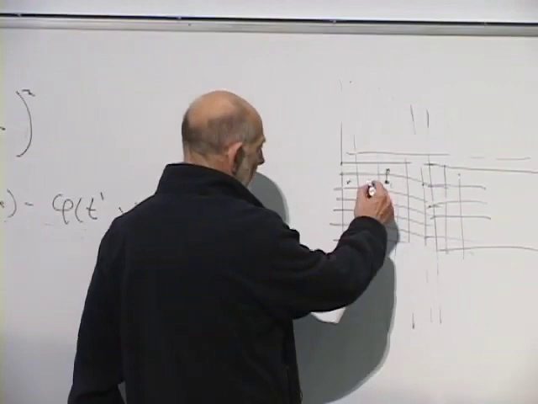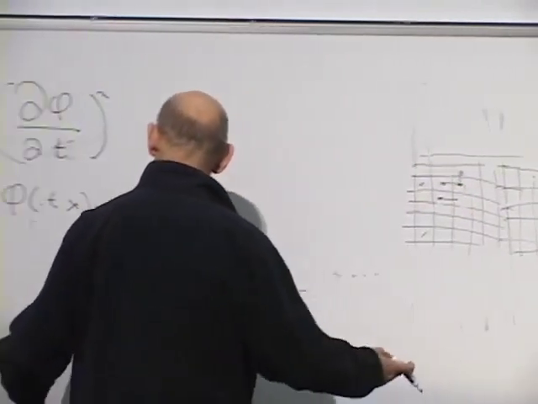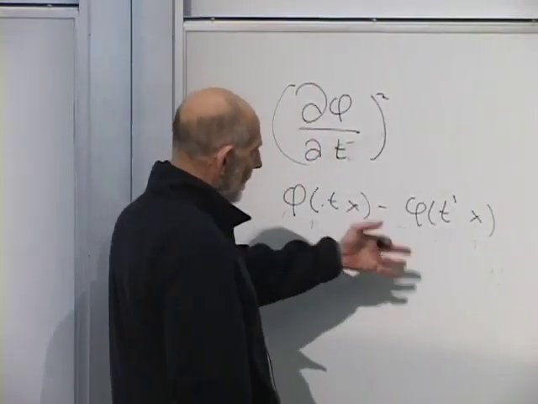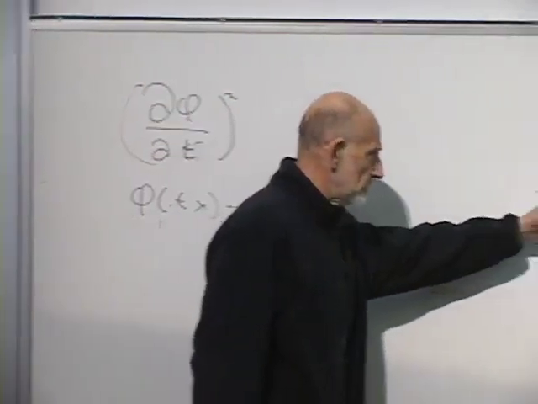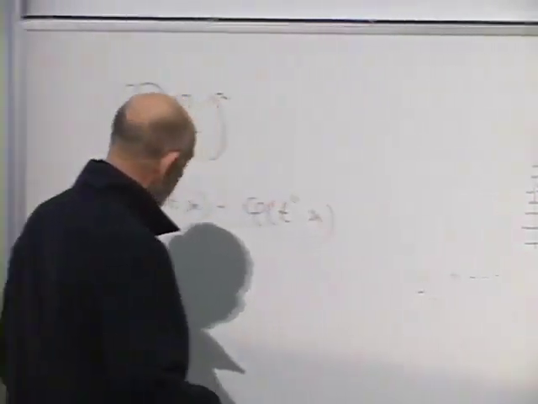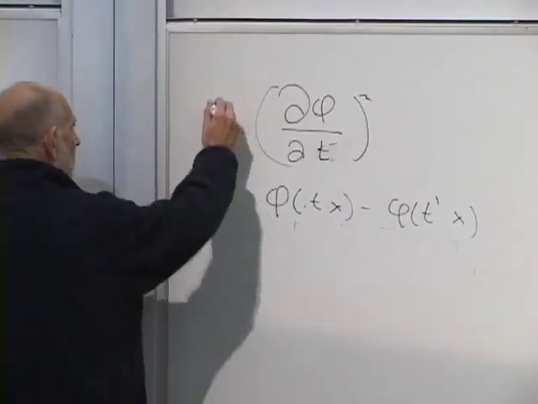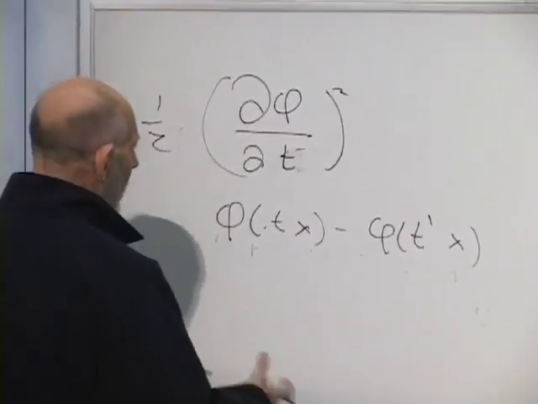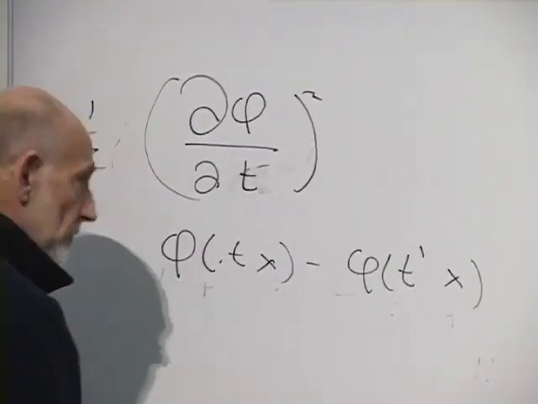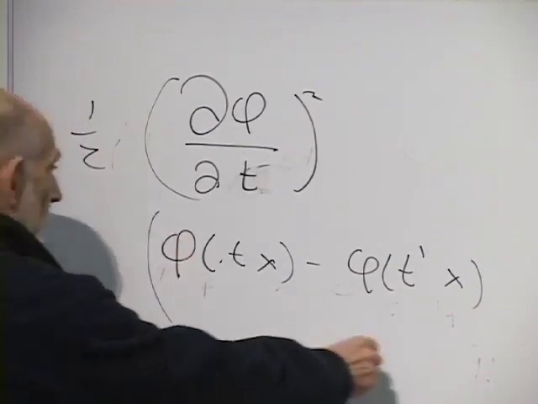Now, what about derivatives with respect to spatial coordinates? Same thing. It corresponds to the difference between two neighboring points in space. And then the instruction is to take 1/2 of the square of the derivative.